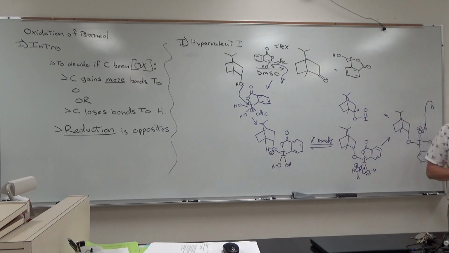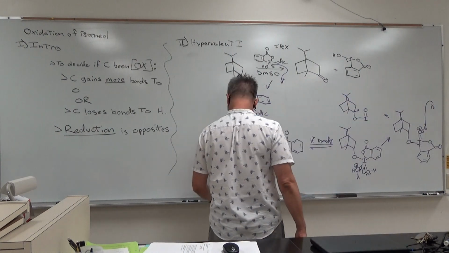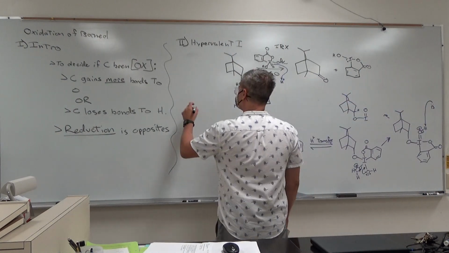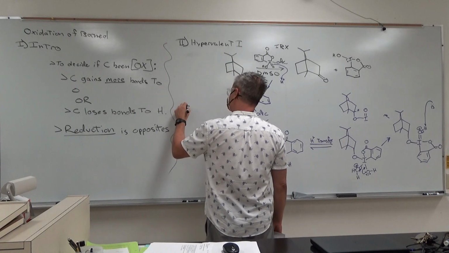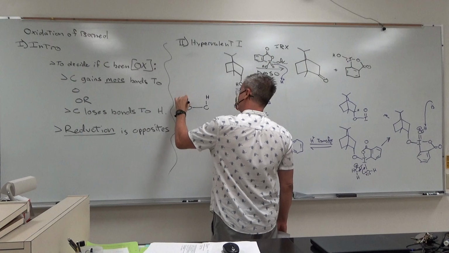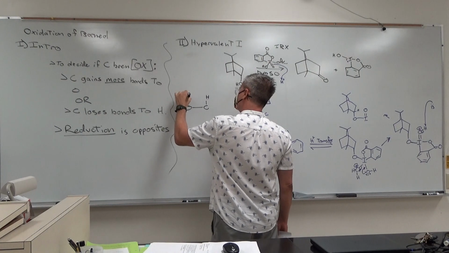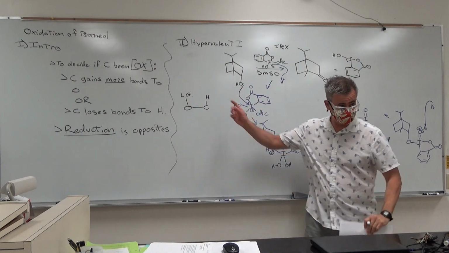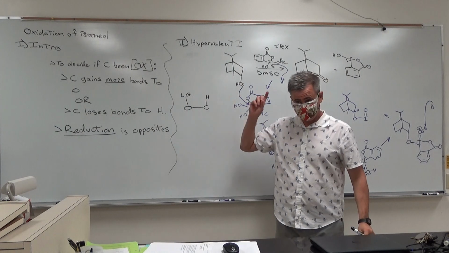Every single oxidation, by the way, when you cover it in Dr. Morgan's class and you're looking at the mechanisms of oxidation, okay? At some point in the mechanism, you're going to have an oxygen that has a leaving group on it, okay?